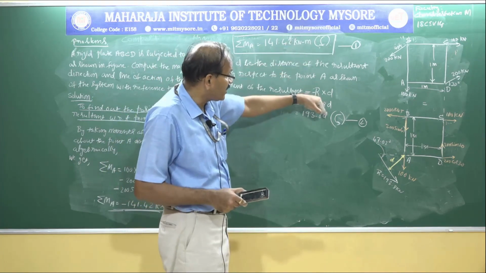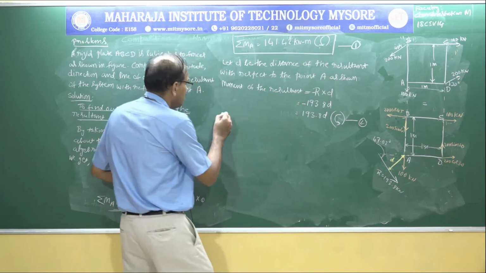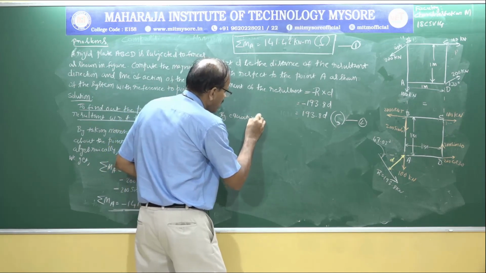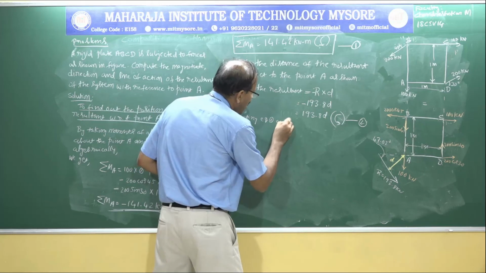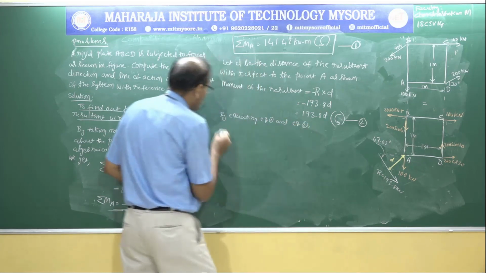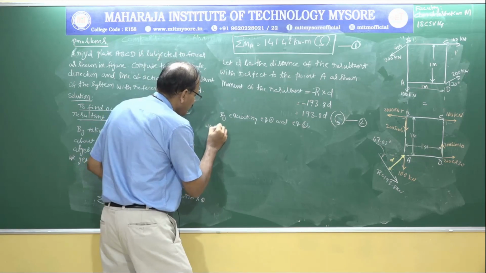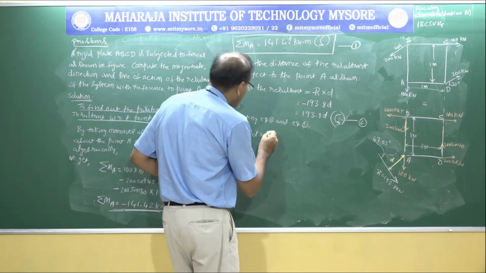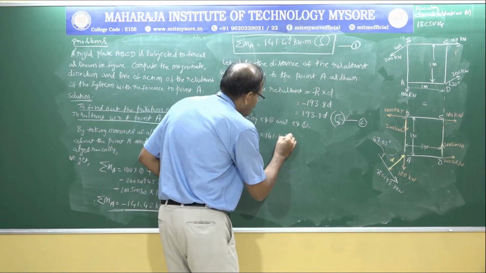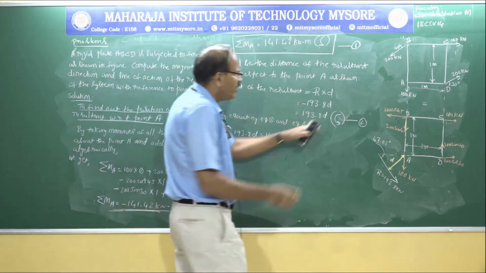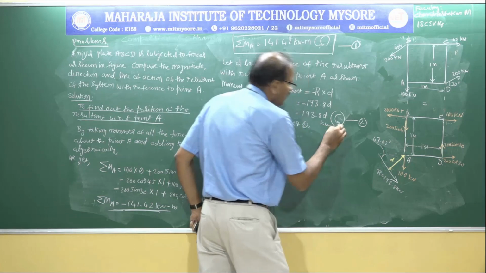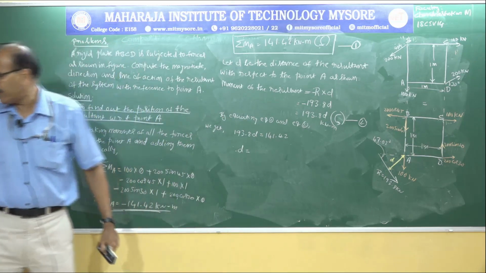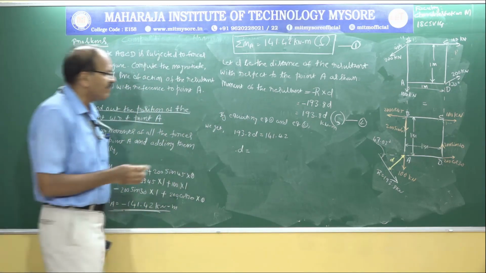Now I can equate equation 1 and equation 2. We get 193.8 D equal to 141.42. Of course, the unit of this is kilonewton meter. Therefore, the value of D equal to 0.73 meter.